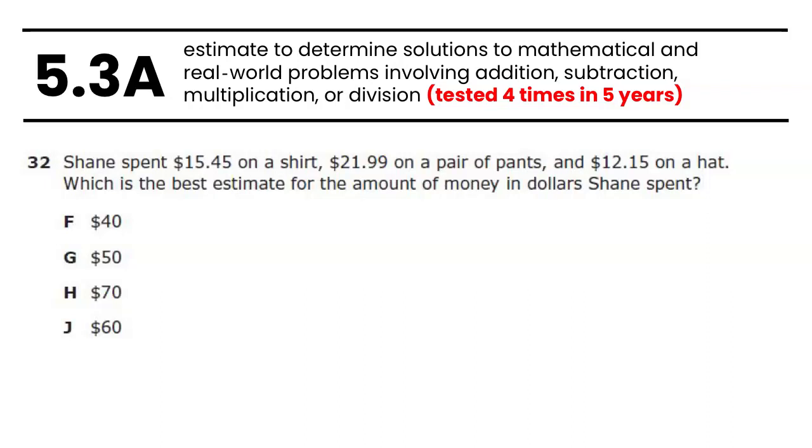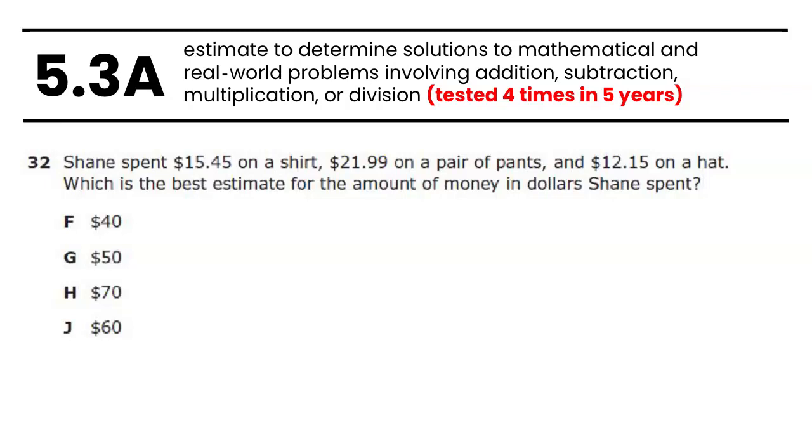This is where it's really important not to teach your students key words, meaning I see this word, so I'm going to do this operation, but to teach them academic vocabulary and immersing themselves into the word problem by closing their eyes and imagining the situation so that it becomes clear what operation they should use. What you'll notice in this problem is that we will be adding the amounts that Shane spends on a shirt, a pair of pants, and on a hat, and we want the best estimate for the amount of money in dollars that Shane spent.